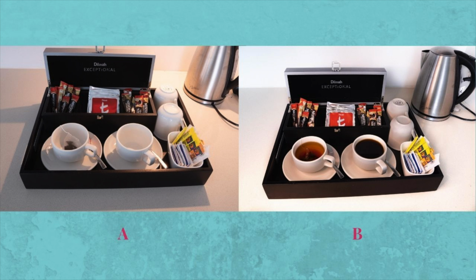Whilst with the final photo, photo B, I turned off the LED light in the room and used a ring light and a reflector to get even light across the image. This resulted in much softer shadows, which are hardly noticeable, and the product stands out because it is well lit.